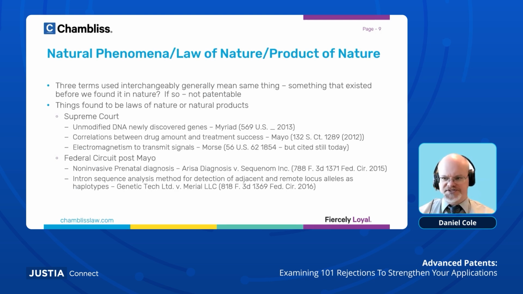Generally, this is really all of the same thing. It's something that existed before you found it and in nature. If what you are trying to patent was found in nature before you discovered it, you're generally not going to be able to patent it unless you do certain specific things.